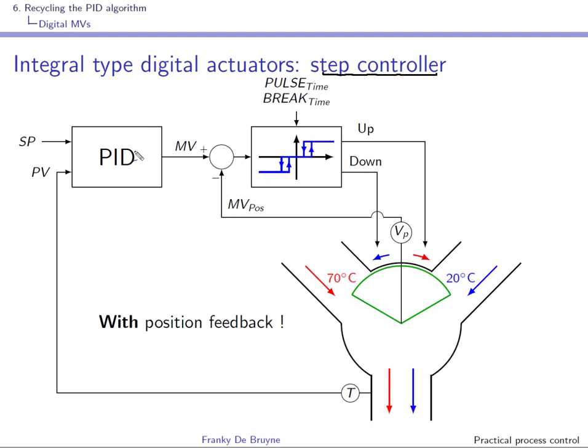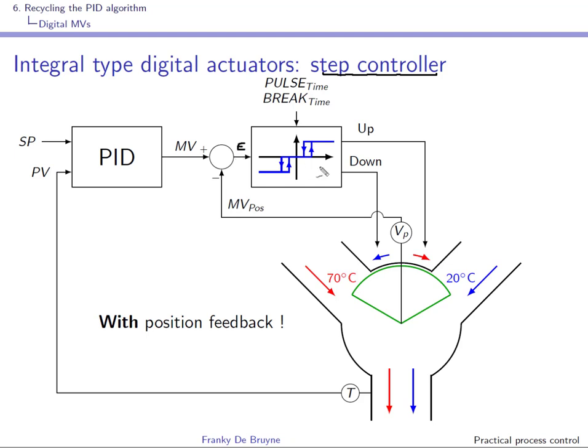The solution is to recycle a PI or PID controller that sets the set point for the opening of this three-way mixing valve. This set point is then compared with the actual valve position, and of course this presupposes that we have position feedback here, and here you have an error.